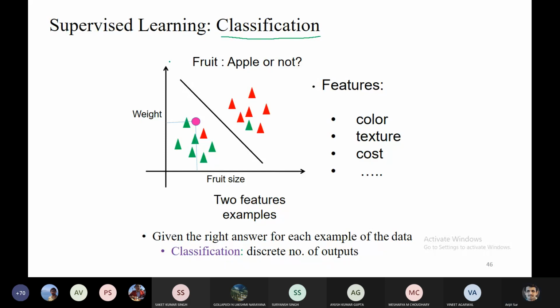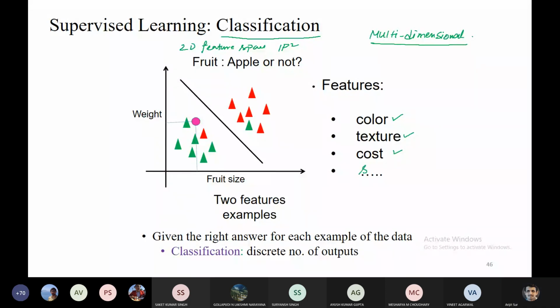As we said earlier, although this picture is of a two-dimensional feature space, the feature space may be multi-dimensional. So what is multi-dimensional? That means one is for color, one is for texture, cost, and this color also may be one or two dimensional, and so on.